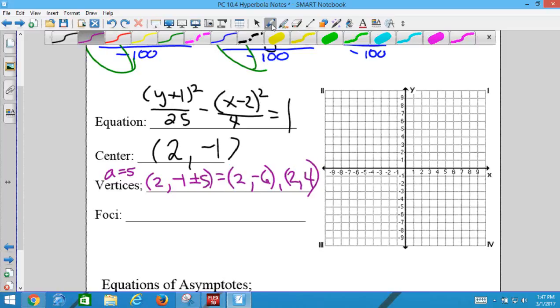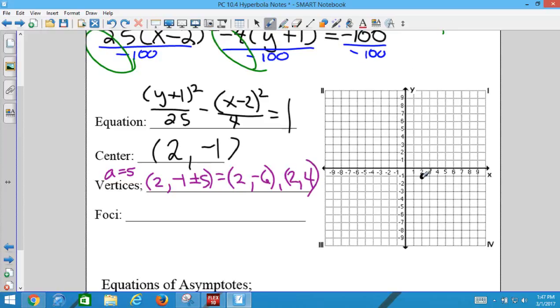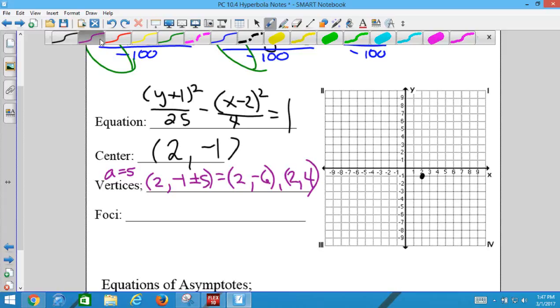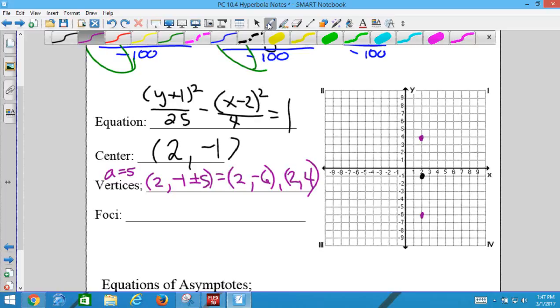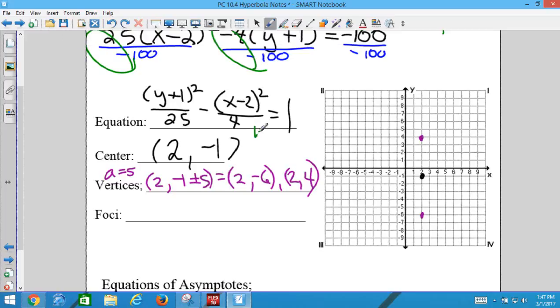Scratch graph the center. We use our B value. Our B value is 2. So I'll go out 2 to draw my rectangle.